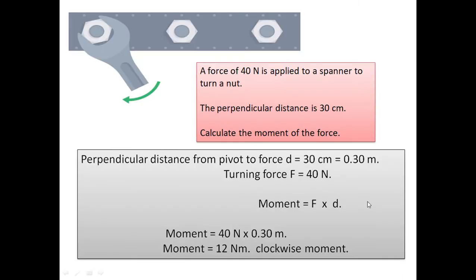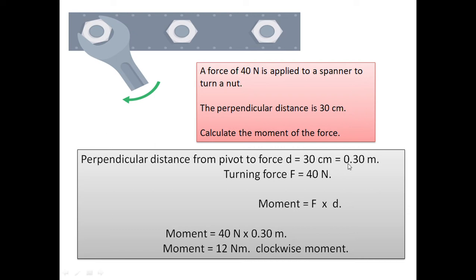Another example is shown here, given here. Now you can see a nut key here. A force of 40 Newton is applied to a spanner to turn a nut. Now you can see the spanner. The perpendicular distance is 30 centimeters. Again, they have given here in centimeters. Then you have to convert it to meters. Calculate the moment of the force. Perpendicular distance from pivot to force D equals 30 centimeters. You have to divide it by 100.